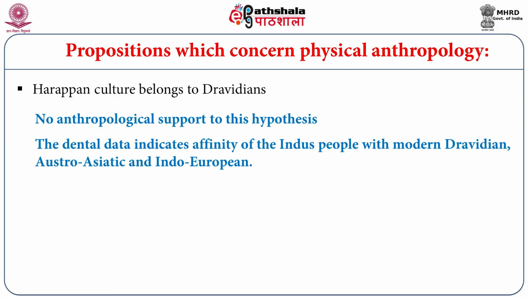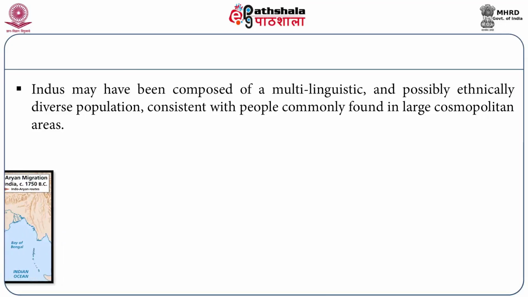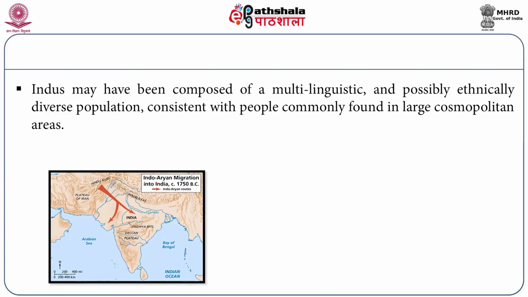The dental data actually indicates affinity of the Indus people with modern Dravidian, Austroasiatic and Indo-European. So what we see here is sort of a multiple ethnic assemblage. So Indus may have been composed of a multilinguistic and possibly ethnically diverse population consistent with people commonly found in large cosmopolitan areas.